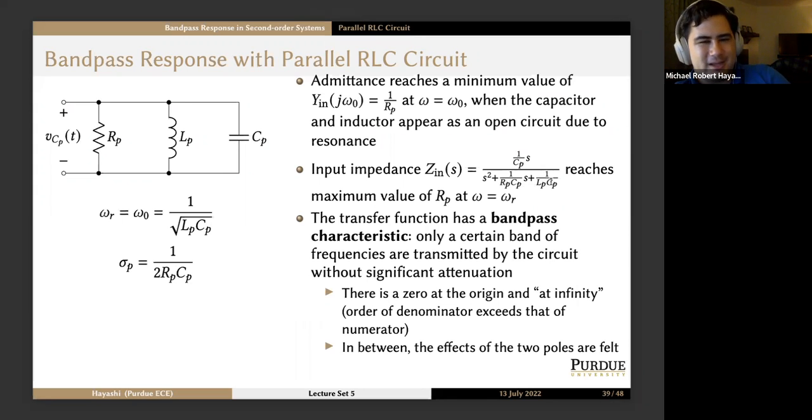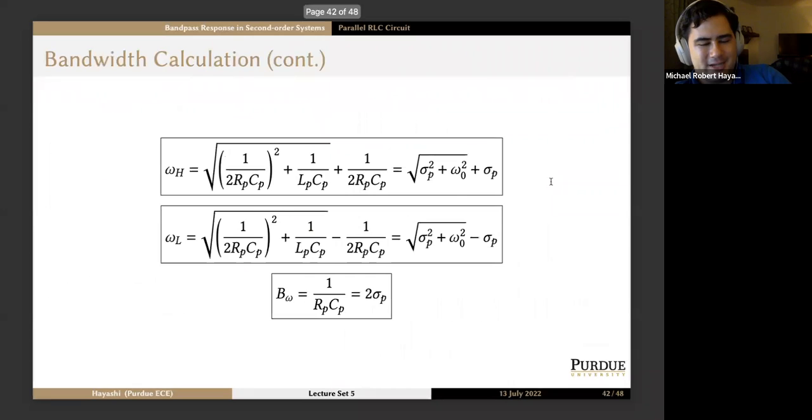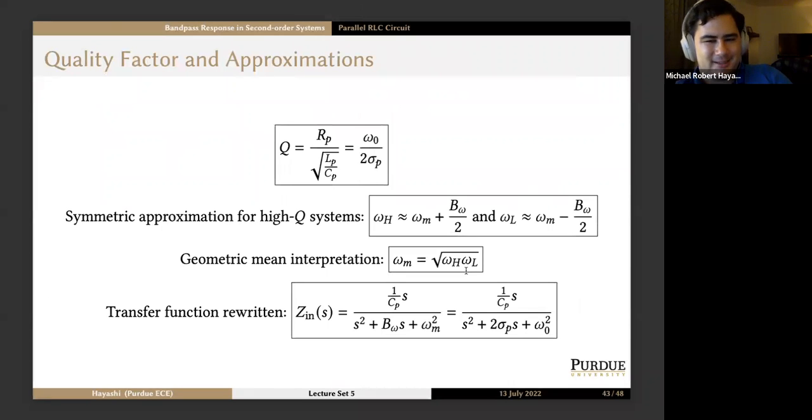So if I ask you for the bandwidth or for the undamped natural frequency, you should be able to get that immediately. Because this is just equal to 1 over c sub p times s over s squared plus the bandwidth times s plus omega m quantity squared. Or you can think of it as 1 over c sub p times s all over s squared plus 2 sigma p s plus omega naught squared.